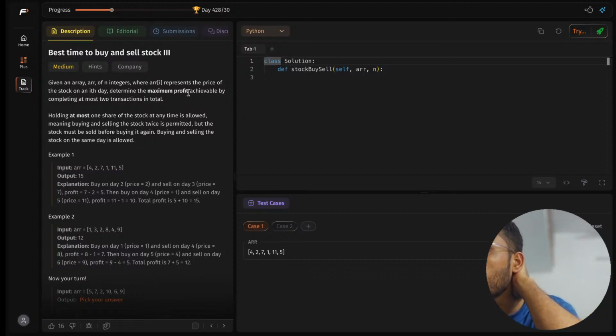So total two sets of transactions you can make. Buying and selling the stock on the same day is allowed.